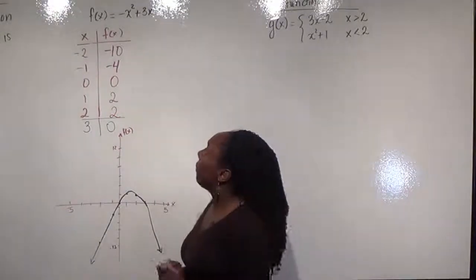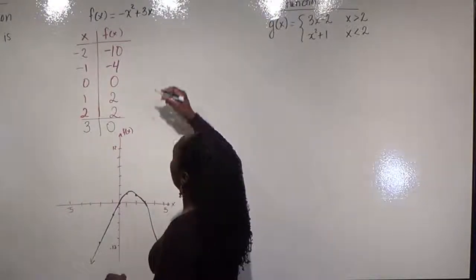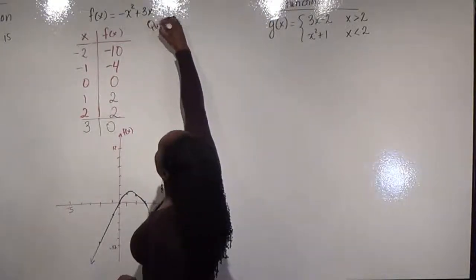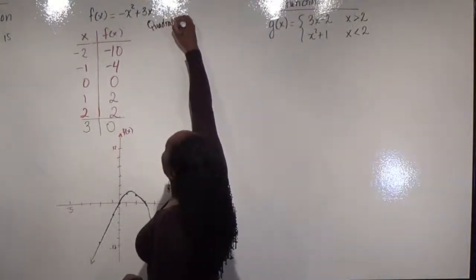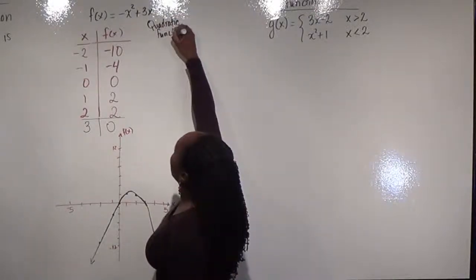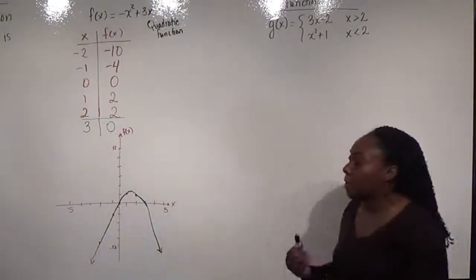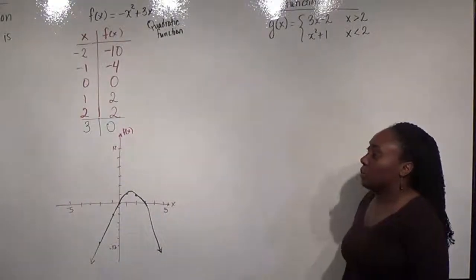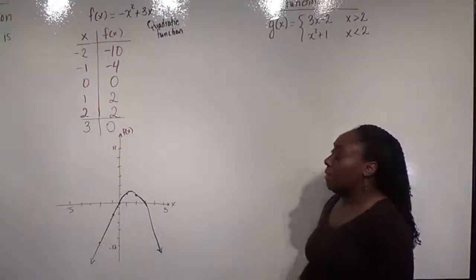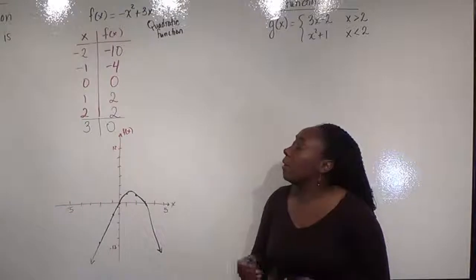Now, this type of function that we're looking at here is what we consider a quadratic. And we'll talk more about quadratic functions later. There are other types of graphs that you're going to be asked to look at as well. Obviously there's the linear that you're probably most familiar with.